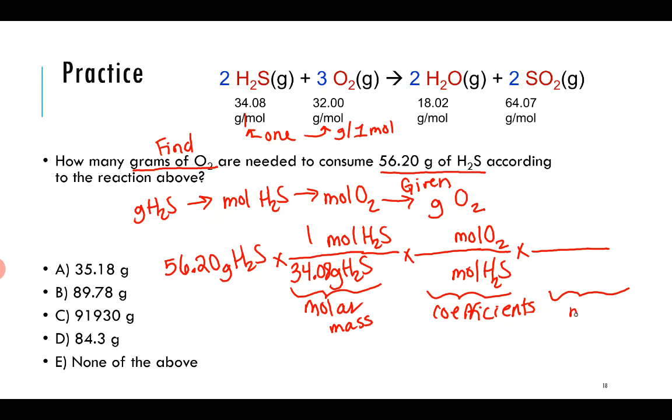And so then we need to use the molar mass again, because we are asked to find a mass. And so molar mass is out of per 1 mole.